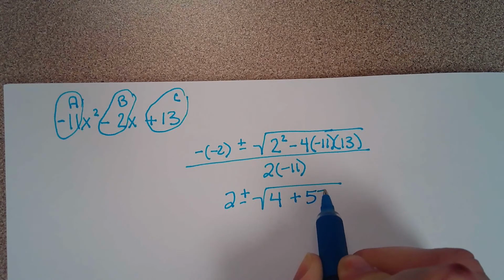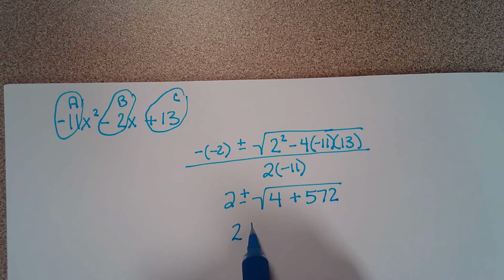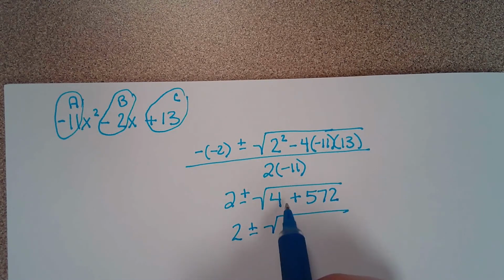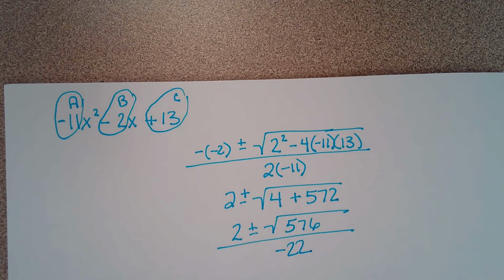So now we're going to add that. So 2 plus or minus the square root of 4 plus 572, which is 576, all over negative 22, because of course you got the 2 times negative 11 from above.